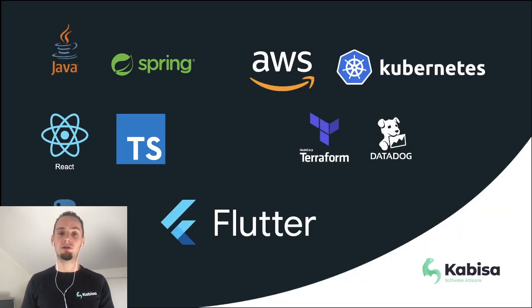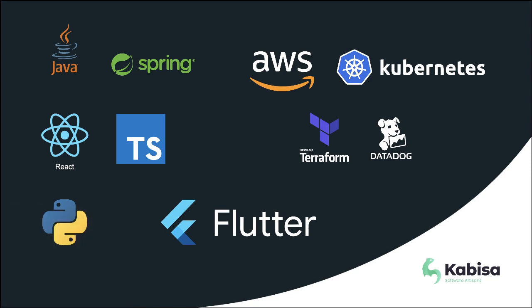Besides Flutter, we use quite a few other technologies as well. For example, we use Java in the backend and also Python. We use React and TypeScript for browser-based applications, and we use AWS and Kubernetes a lot for all of our cloud deployments. We are an AWS certified partner.